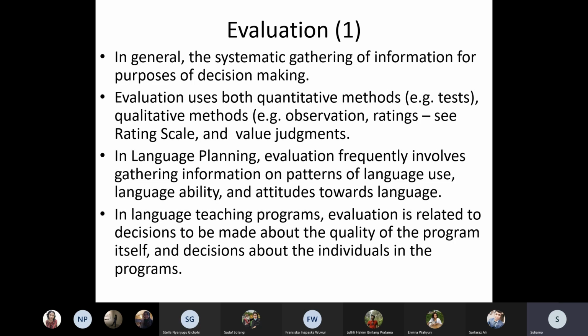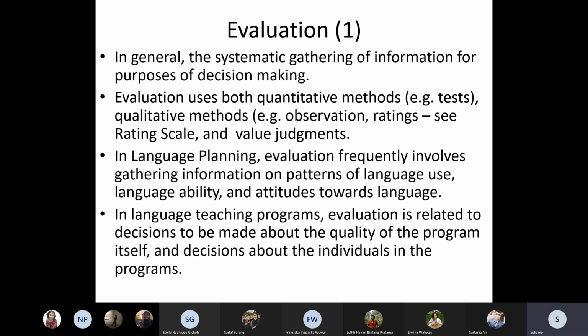If you evaluate, you will make a decision whether the program is worth continuing or whether it should be stopped. Evaluation uses both quantitative methods like tests and qualitative methods such as observation, ratings, and value judgments. In language planning, evaluation frequently involves gathering information on patterns of language use, language ability, and attitudes towards the language, and so on. Okay.